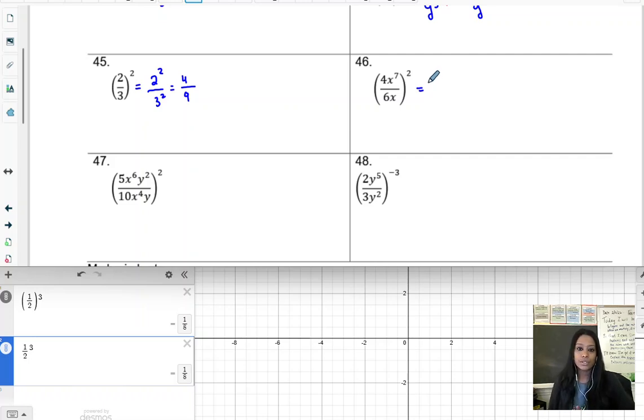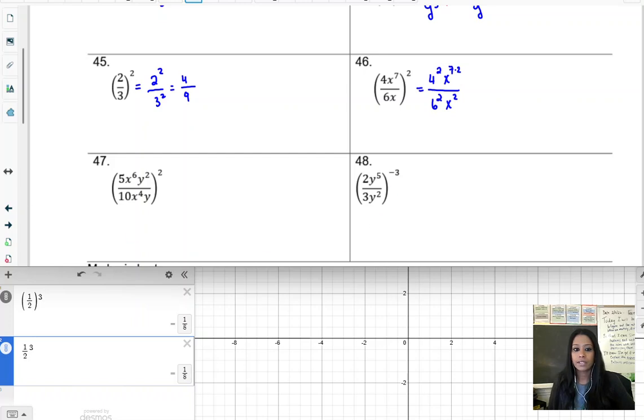I will show you 2 different ways I would probably do this problem. But so let me do it the first way, where you just distribute everything and then simplify later. So you have 4 squared, x to the power of 7 times 2, over 6 squared, and then x squared.